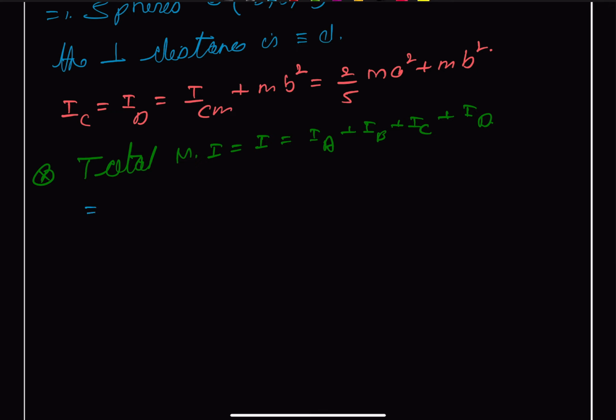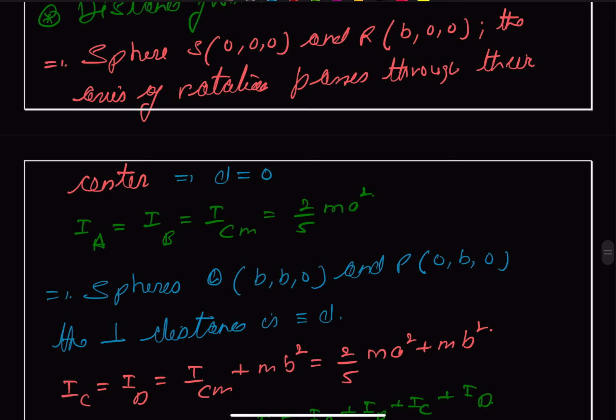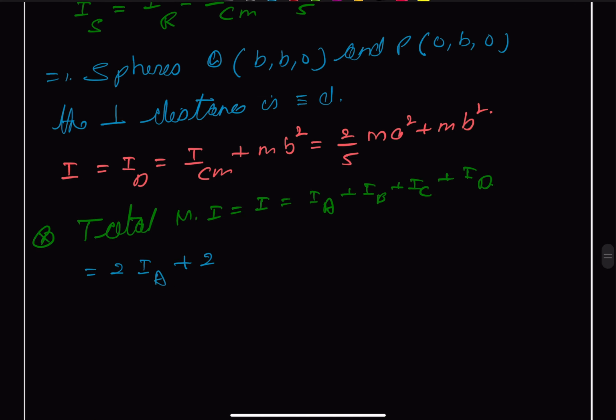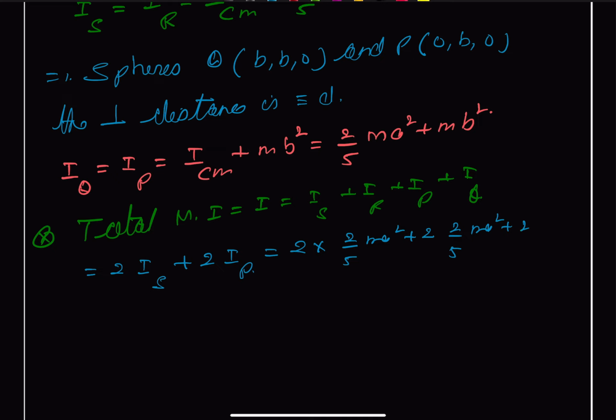We can reformulate it: this is S and R, and this is Q and P. So this will be twice IS and twice IP, which gives us 2 times 2 by 5 MA square plus 2 times 2 by 5 MA square plus 2 times MB square.